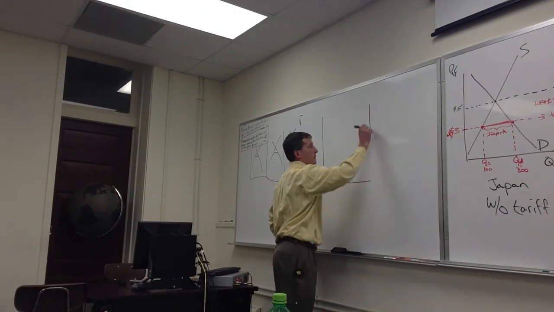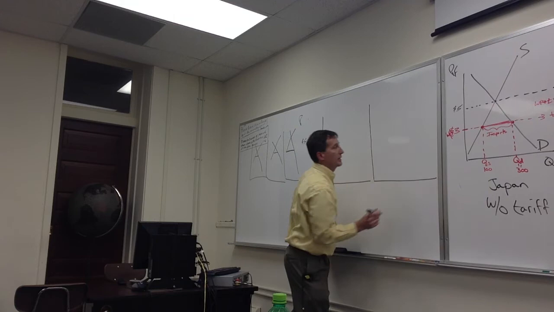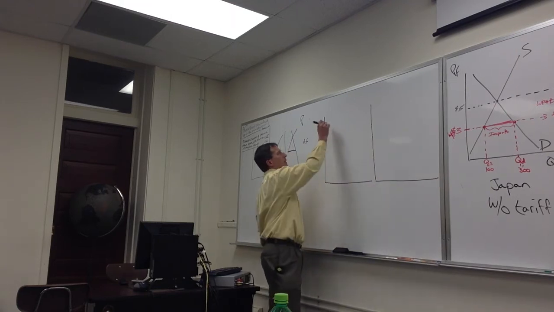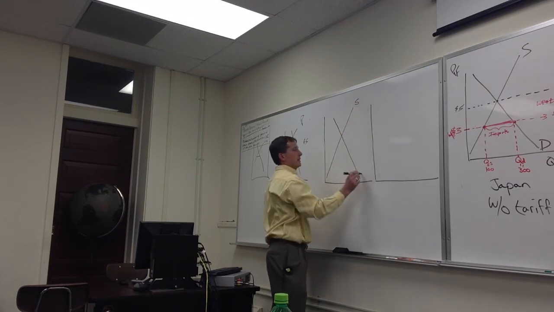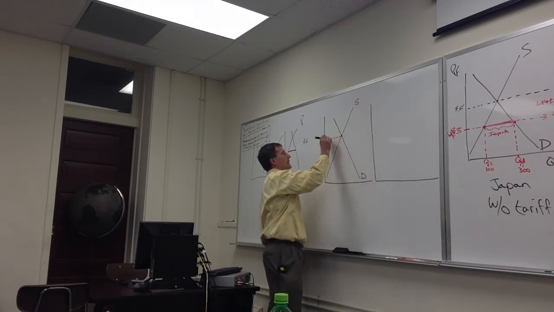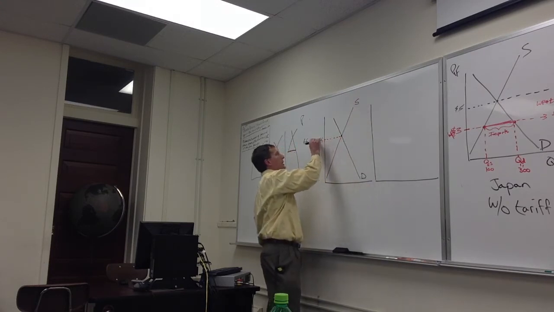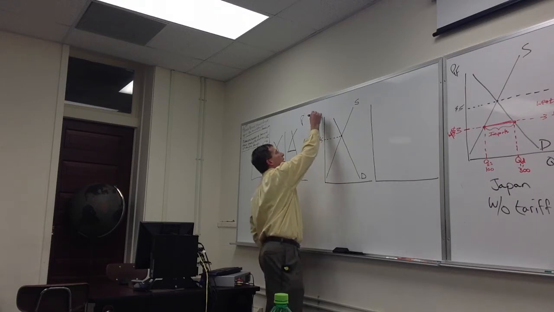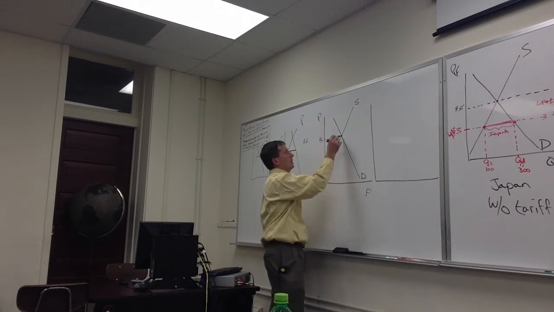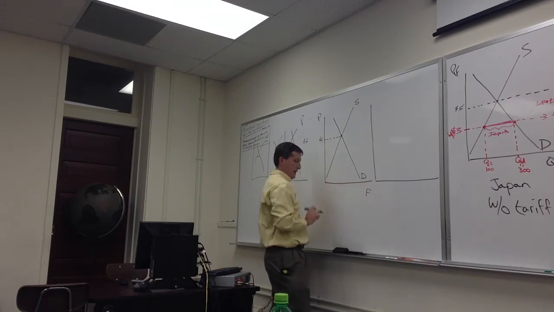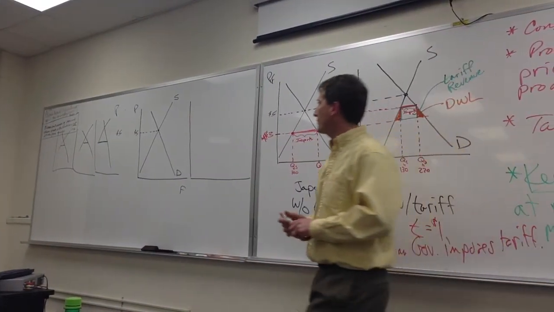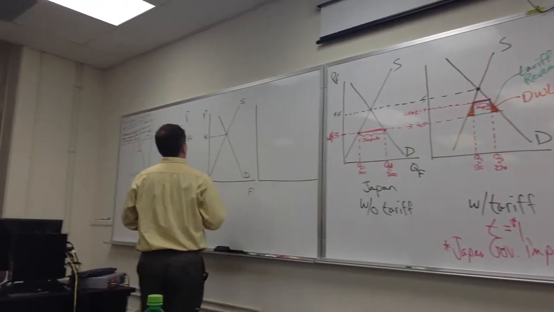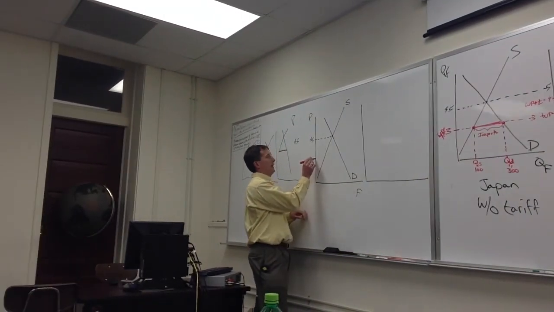I want to do the same thing with the same country, start fresh though. So hopefully you can draw this a little quicker now, because we're going to put the same thing up here. The no trade price for Japan. We're going to have a world price of food equal to 3.